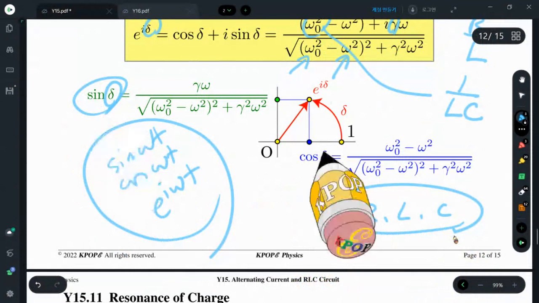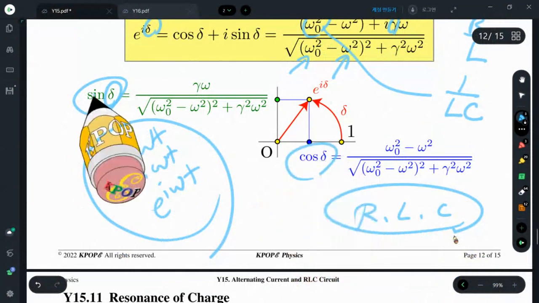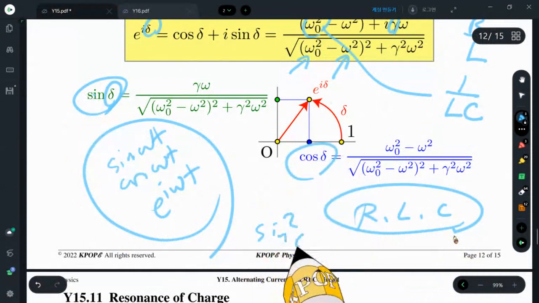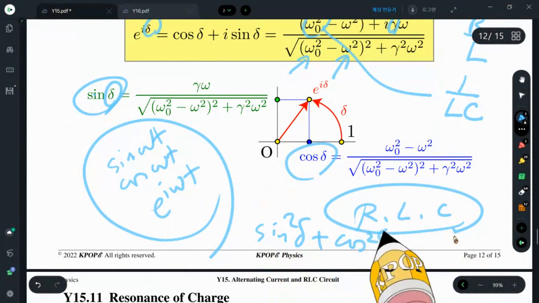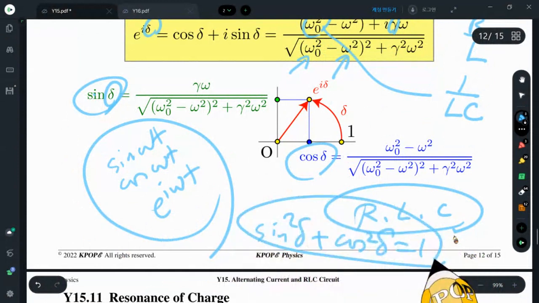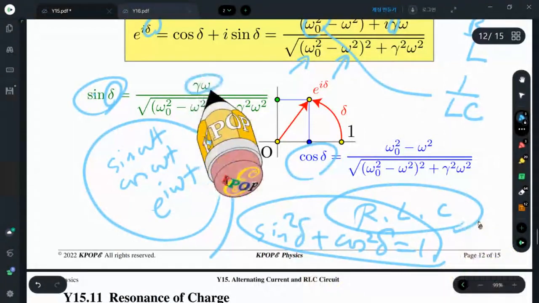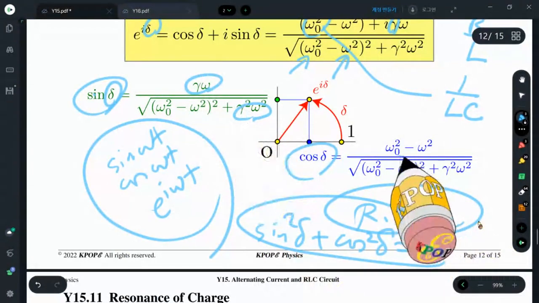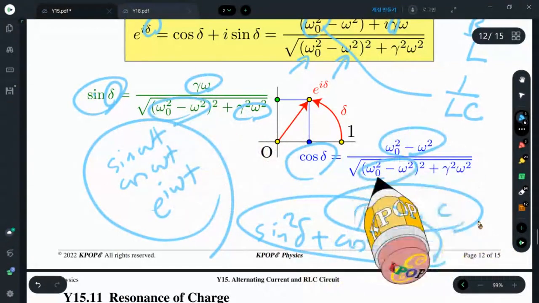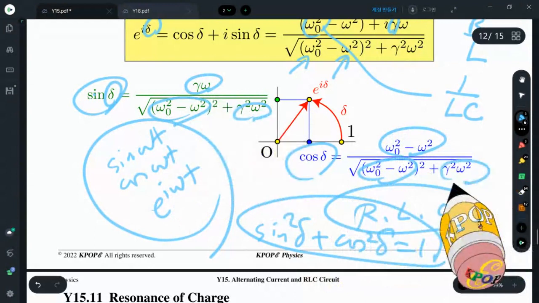And this one is a sine and this one is cosine. So sine squared delta plus cosine squared delta must be 1. So this, this, this, this, they are the same.